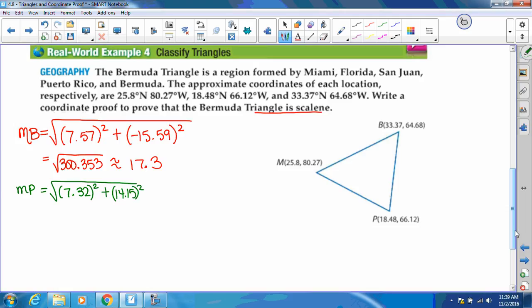Then I'm going to square both of those and add them together. And that is 253.8049. And we'll see what that is as a decimal. Approximately 15.9.